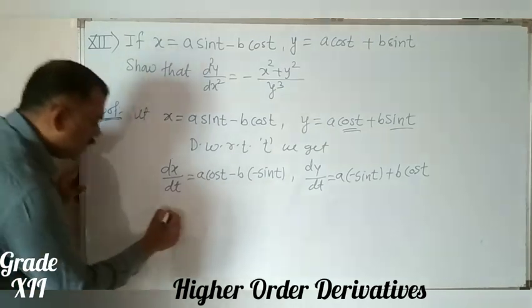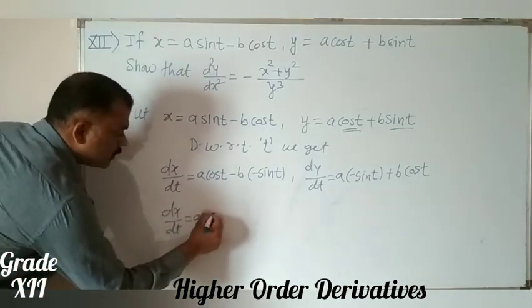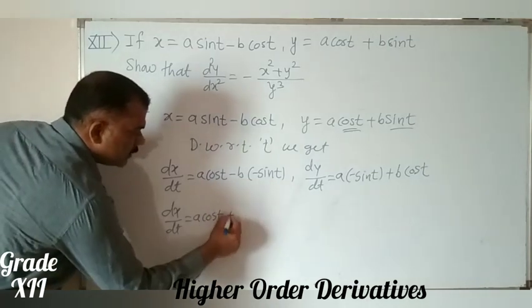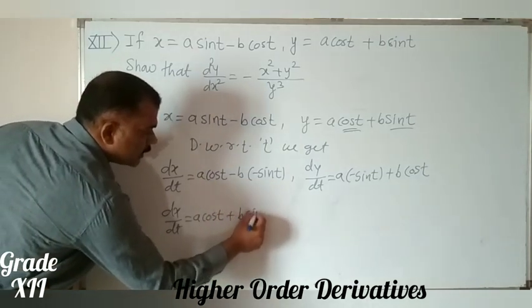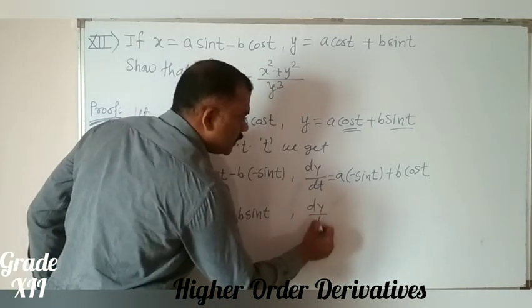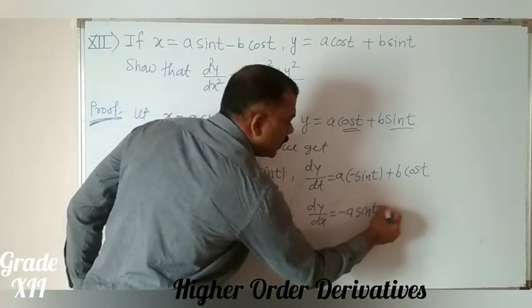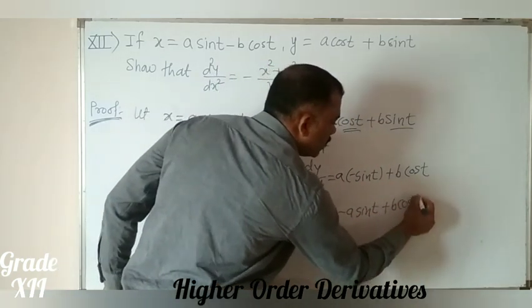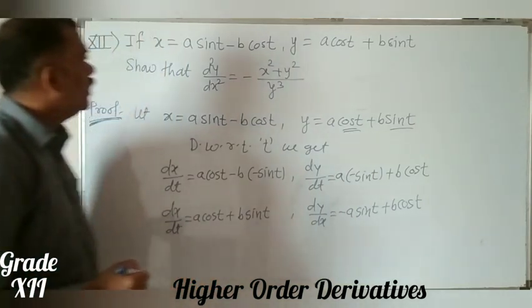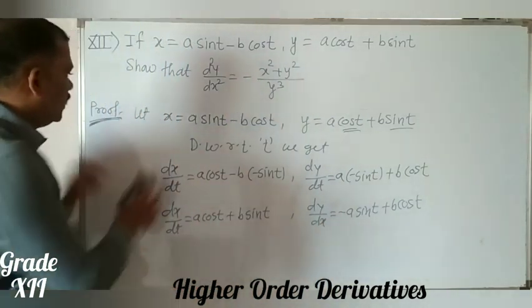So we can write dx by dt is equal to a cos t, this minus minus becomes plus b sin t, and here dy by dt is nothing but minus a sin t plus b cos t.